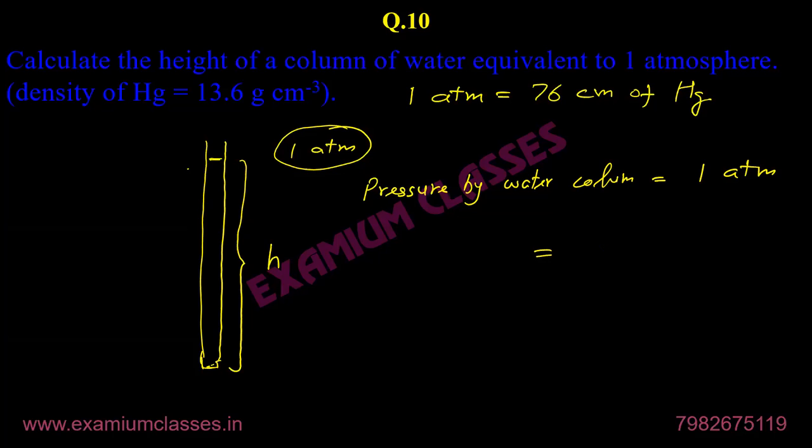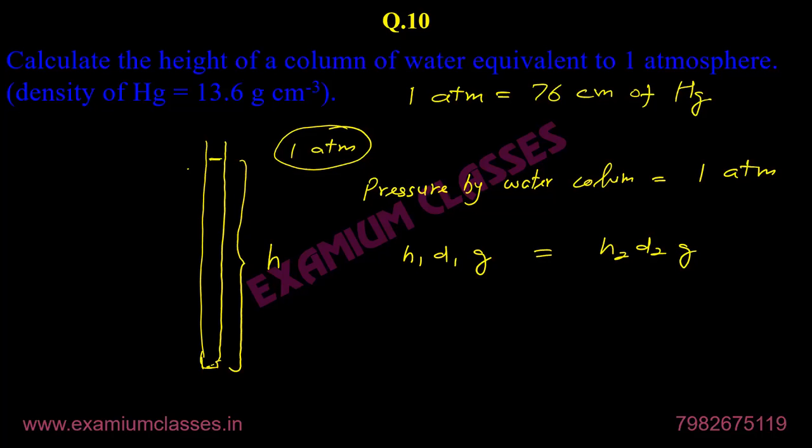So if we compare both water and mercury, and suppose we consider water first and mercury second, it will be H1 D1 G for water, and for mercury it will be H2 D2 G.